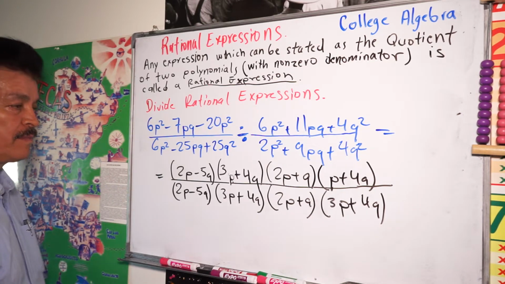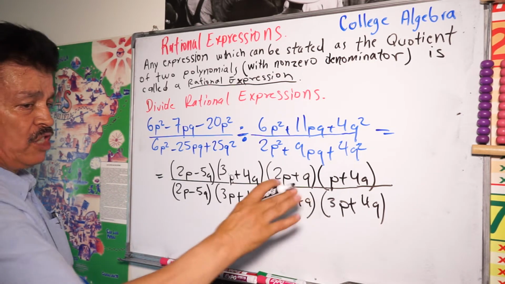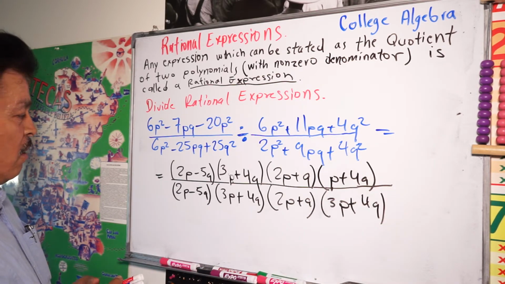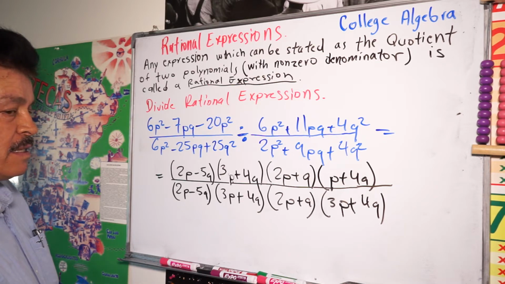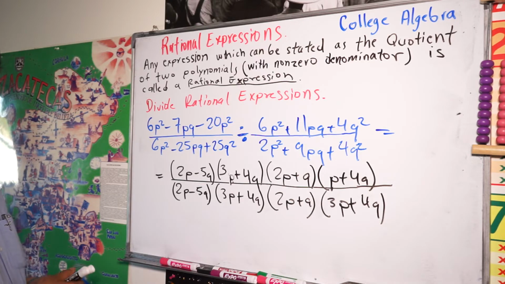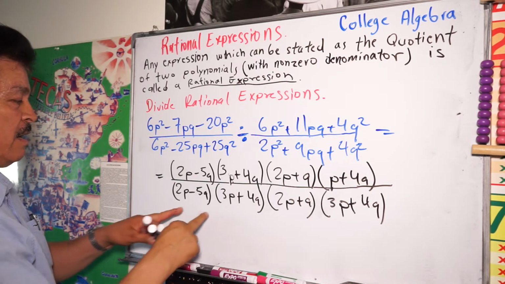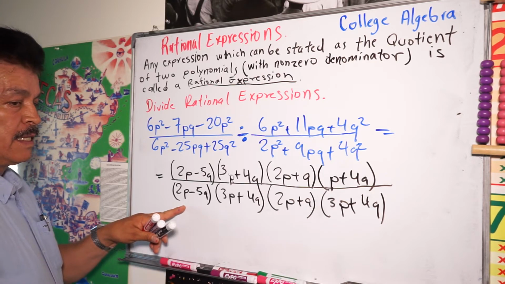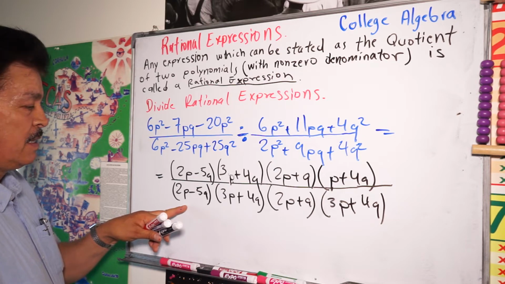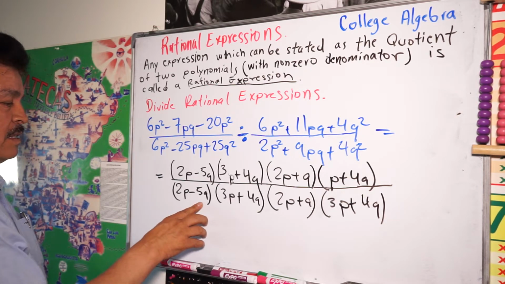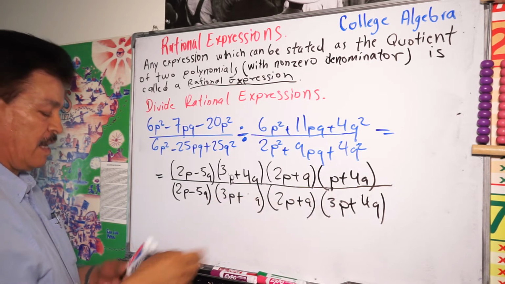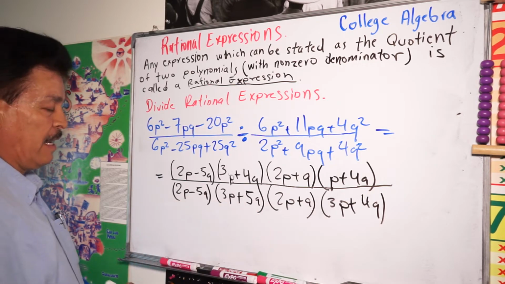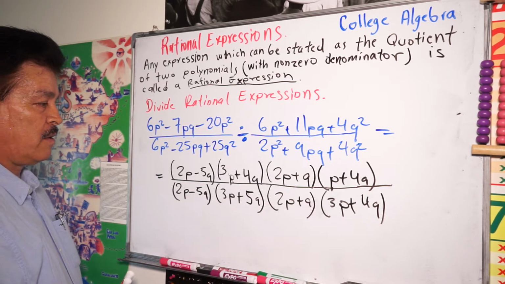So now simplify all this. You simplify everything here. We need to cancel all the same ones. This is 5q, 5q. Okay. So now we are going to simplify.